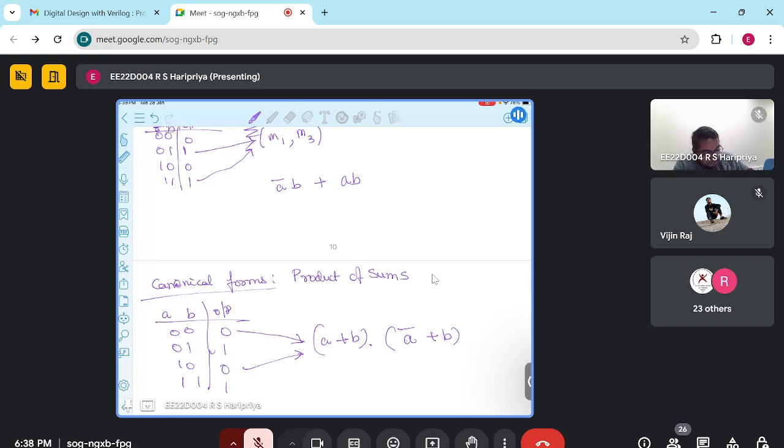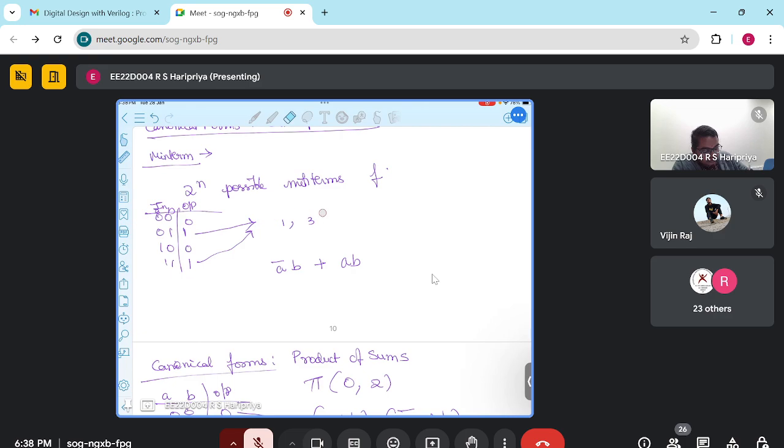And this is represented by the symbol pi, max term 0, max term 2. Or you can just write pi 0 comma 2, I think we will follow the same notation, and this can be represented as sum of 1 comma 3.